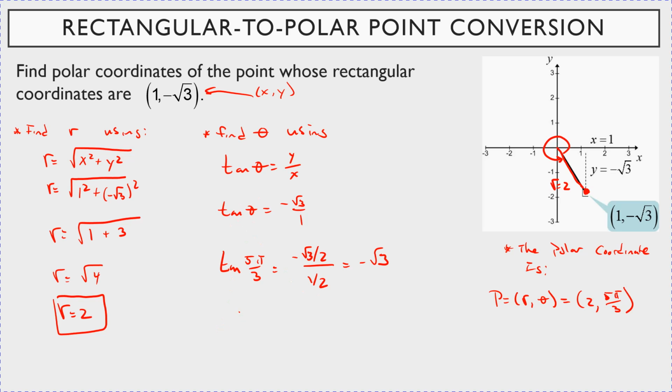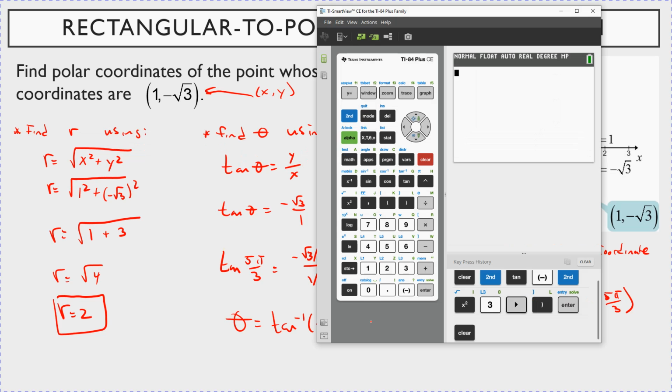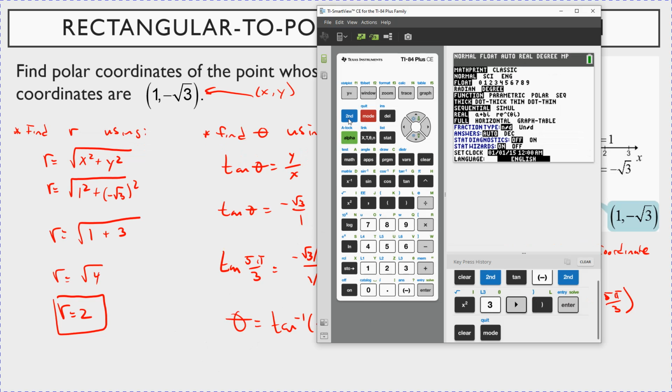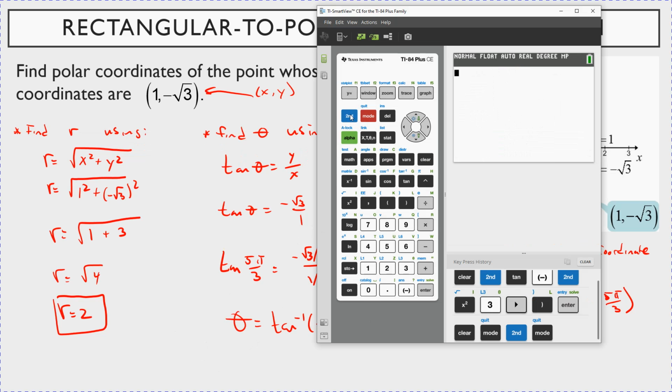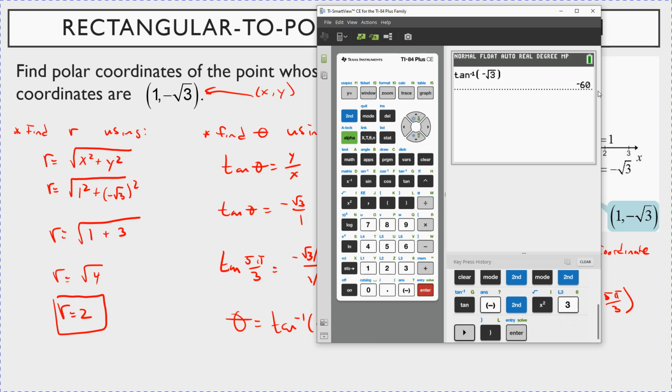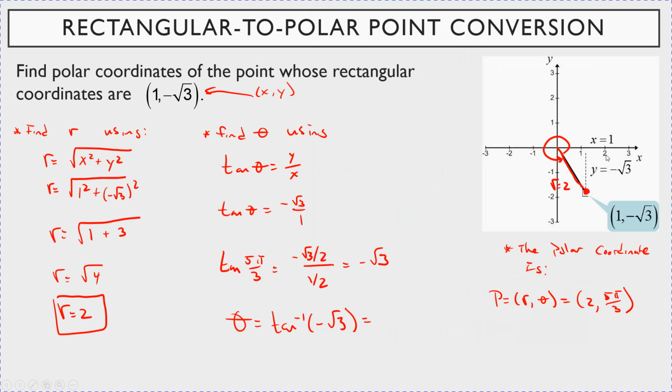But what's really cool is you could also do it this way, and I wanted to show you something. If you do tan inverse of negative the square root of 3, so I have my calculator here in degrees right now. All right, so let me just show you this. If you go second function tan inverse negative the square root of 3, you're going to get a negative 60 degree angle. So it's giving you this angle right here. It's saying negative 60 degrees.